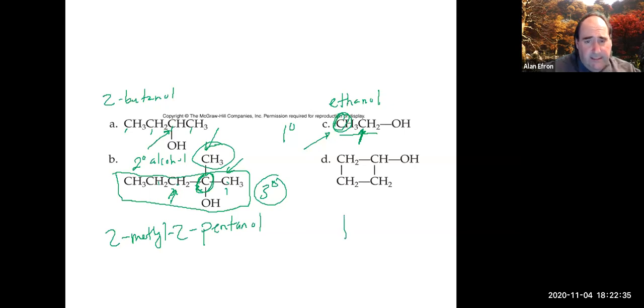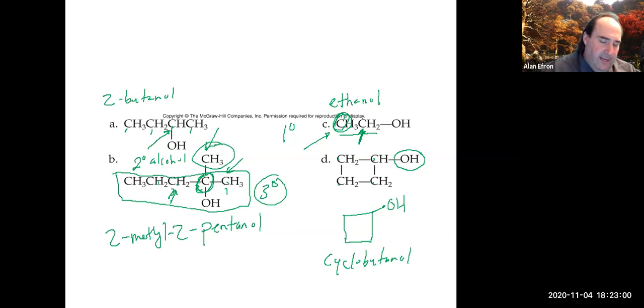And this is essentially a ring structure. It is essentially the square. The square basically has 4 carbons in it. 4 carbons is based off of butane. It's a ring structure, so that is cyclobutane. It is a ring structure with an OH group, and it becomes cyclobutanol in this particular case.